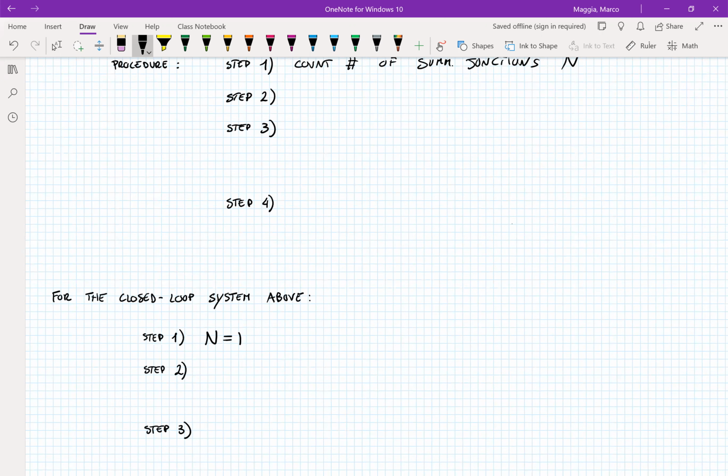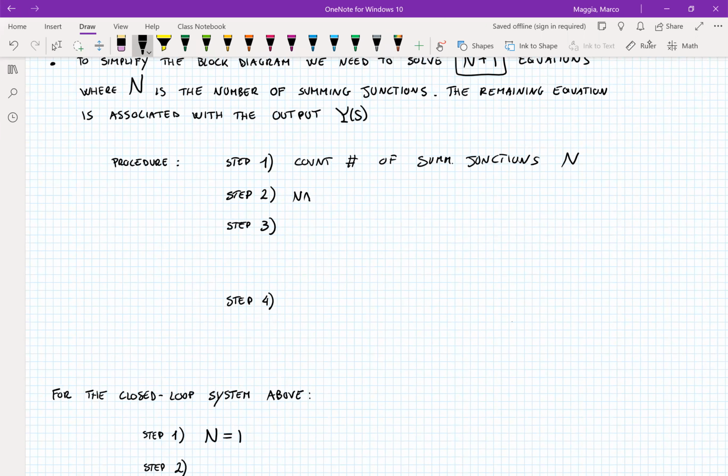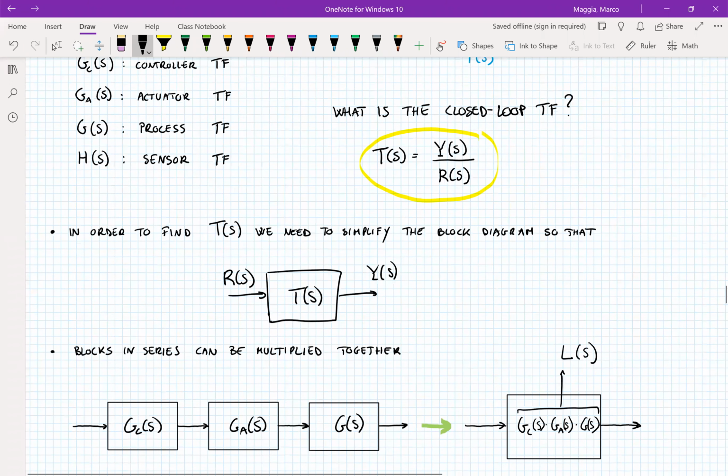Step number 2, we need to give a name to every signal after every junction. So just give it a name.